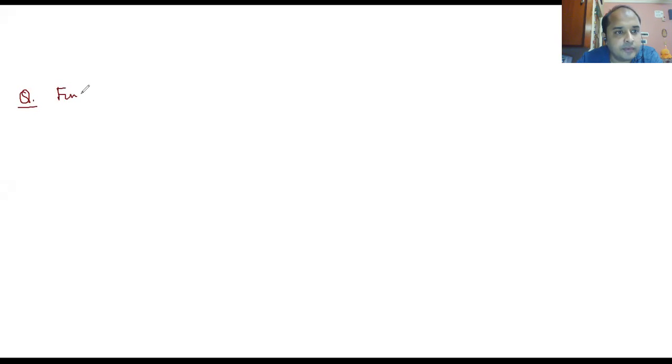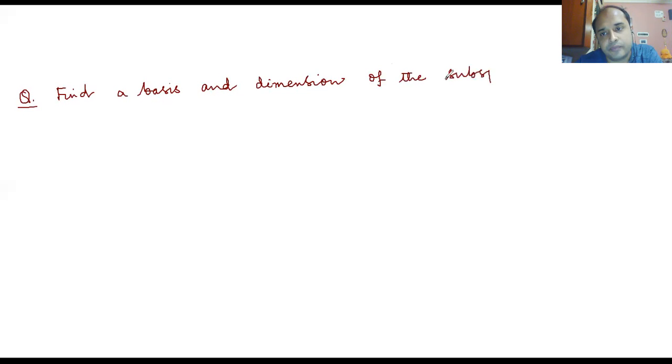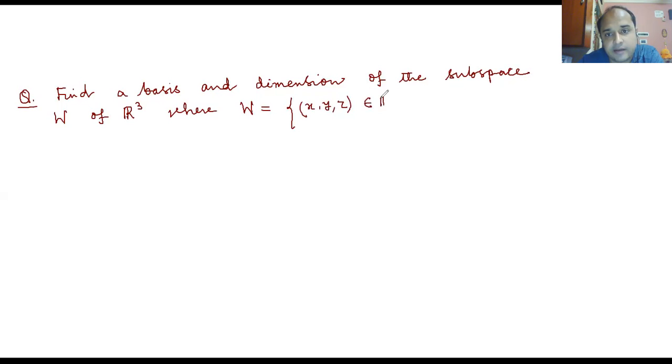Find a basis and dimension of the subspace W of R3, where W is given as a set of all such points belonging to R3 which satisfies the equation this.